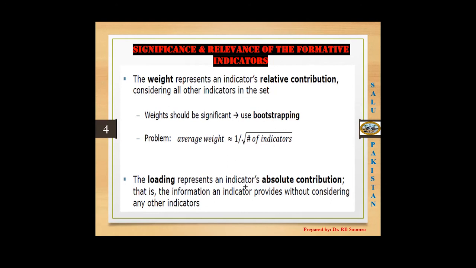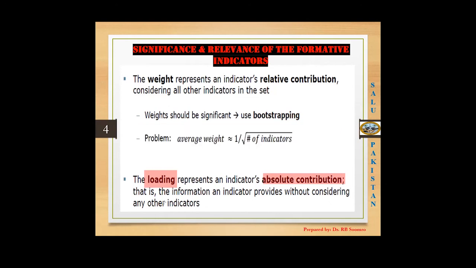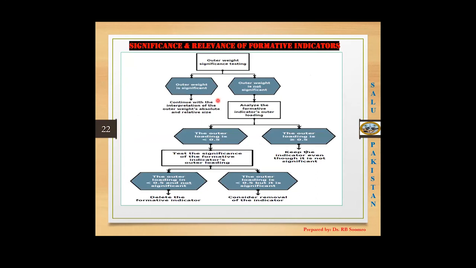Loadings represent the indicator's absolute contribution. Each loading represents each indicator's absolute contribution in the model, that is, the information an indicator provides without considering the contribution of the other indicators of that same model.